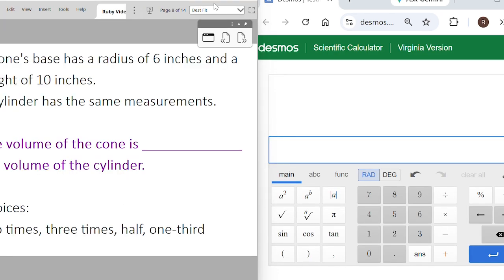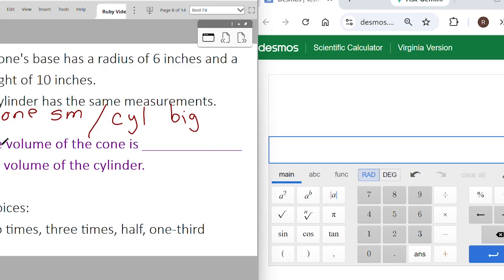Okay, I'm going to read the whole thing before I do anything because I didn't the last time and it got me in trouble. A cone's base has a radius of 6 and a height of 10. A cylinder has the same measurements. The volume of the cone is blank the volume of the cylinder. So first let's talk. The cone is smaller, and the cylinder is bigger, right?